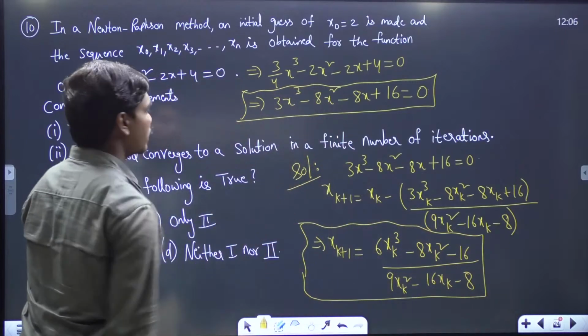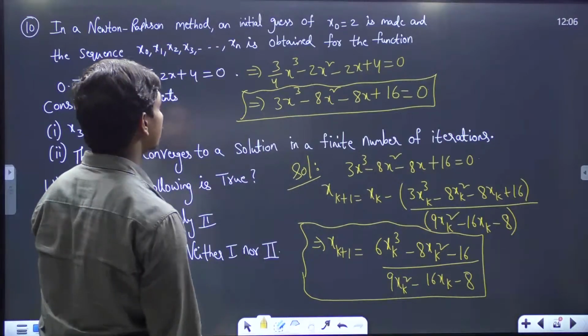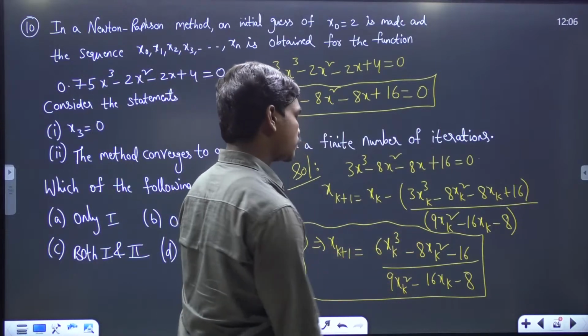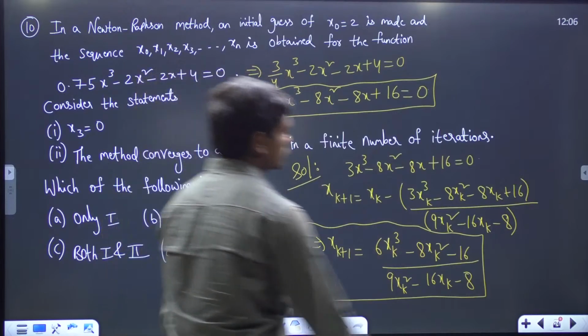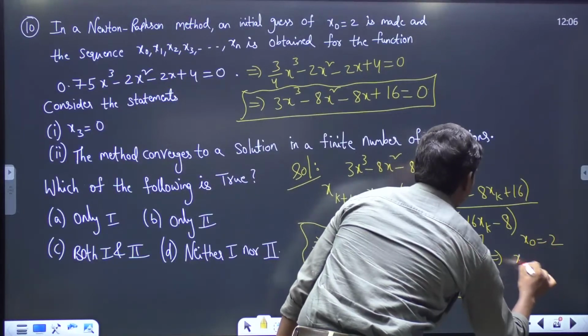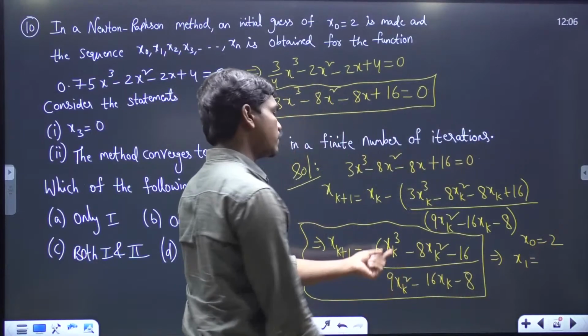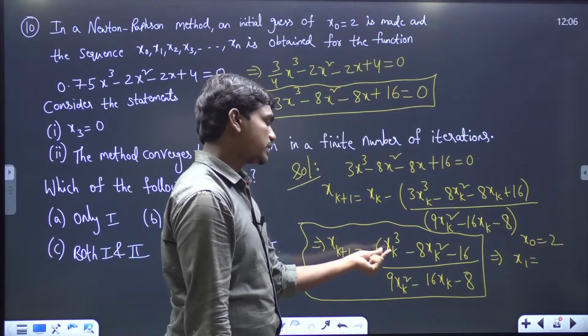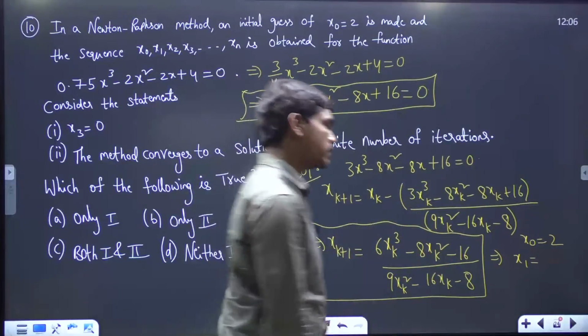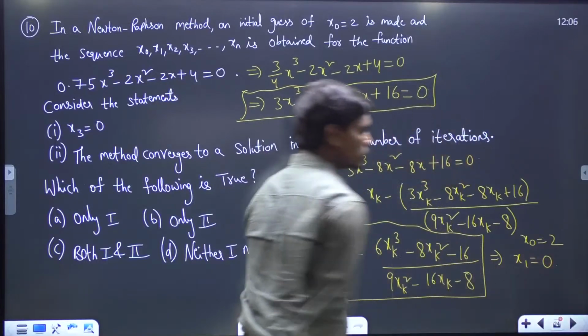This is what we have for the iteration formula. Now, given x naught is equal to 2, put x naught is equal to 2 and calculate. 6 into 2 cube, 8, 6 8s are 48. 48 minus 32, 16, 16 minus 16, 0. So x1 value is 0.